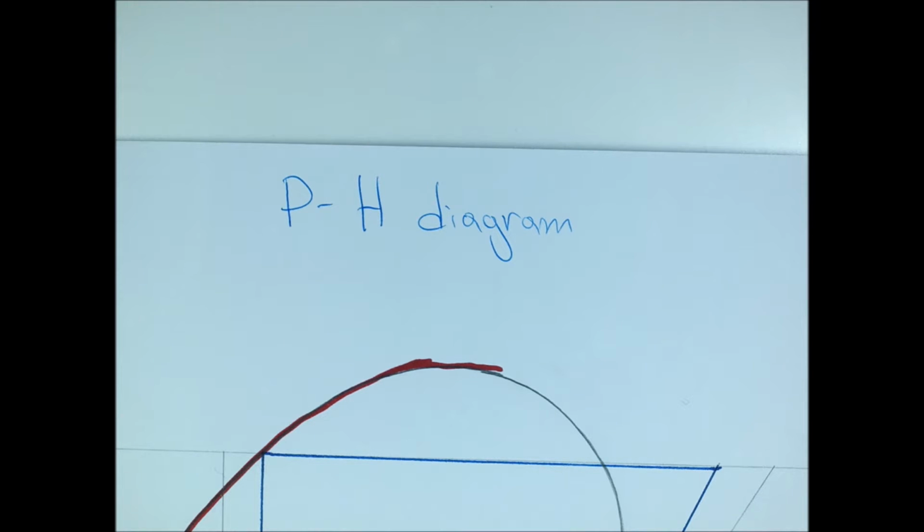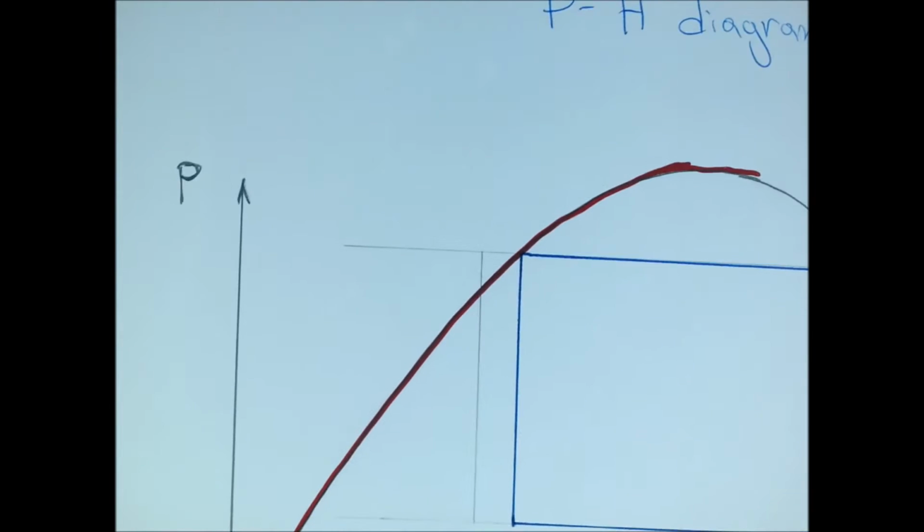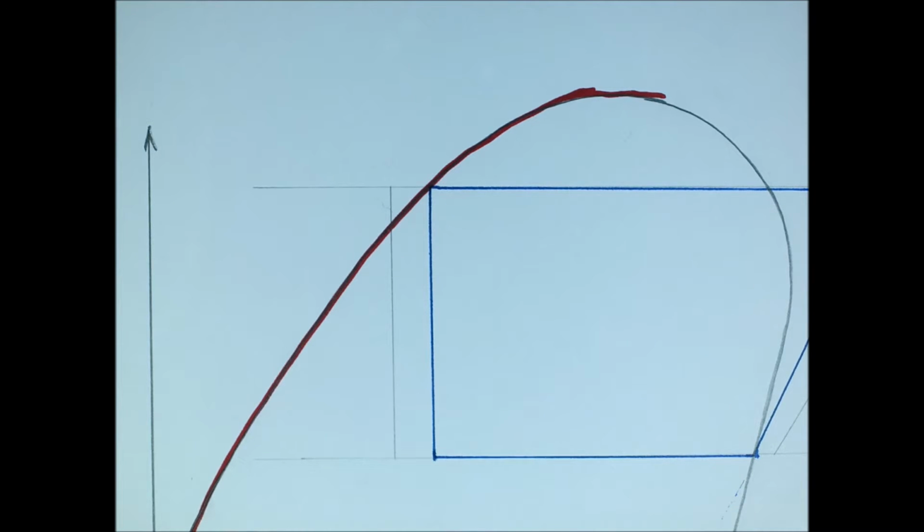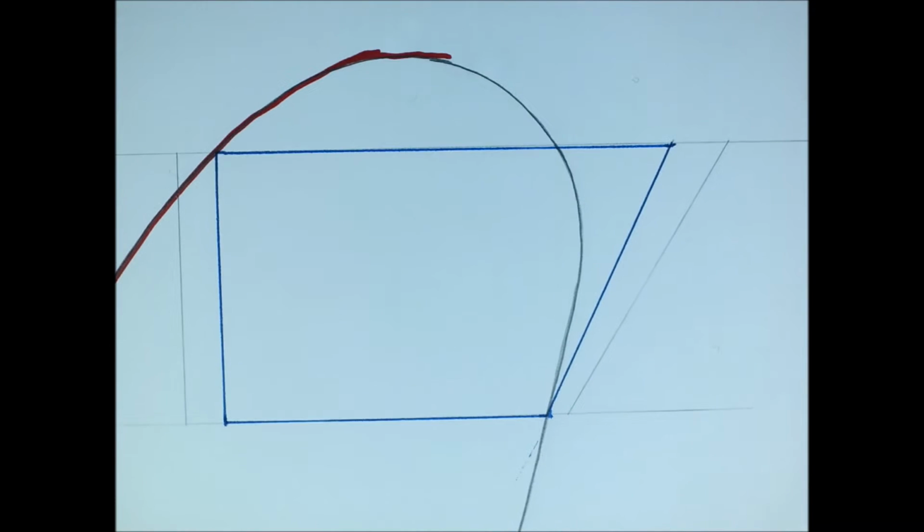Well, because we have two properties that it depicts: the pressure on the y-axis and the enthalpy on the x-axis. So it's a pretty good depiction of the cycle, both in terms of giving its cyclic nature and in terms of providing a tool for analyzing the actual cycle.